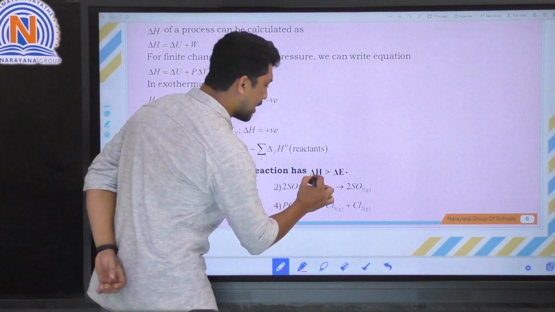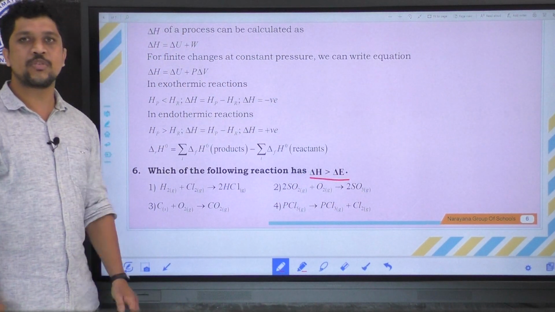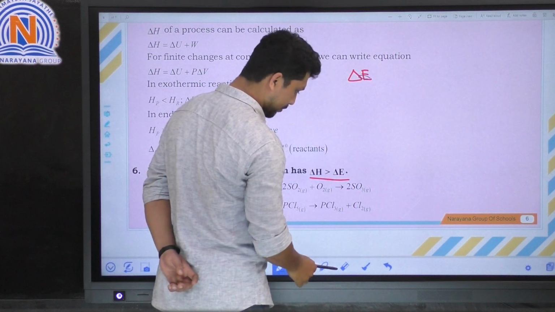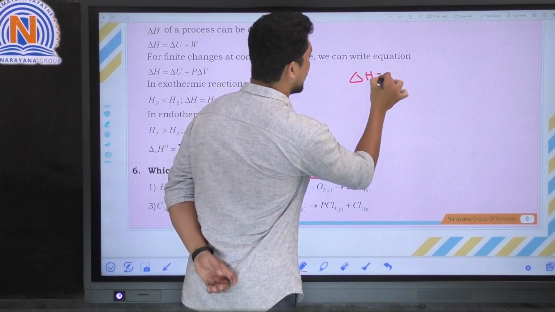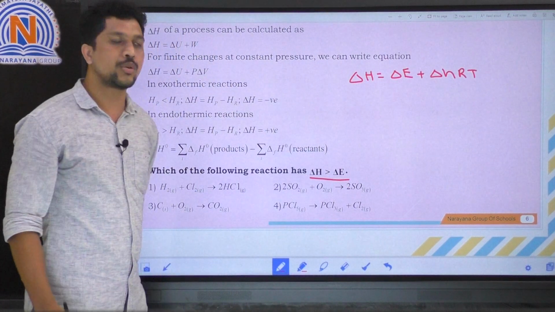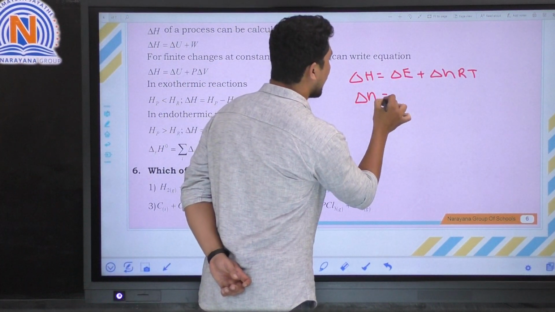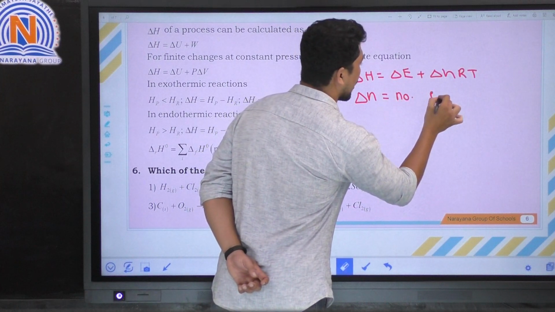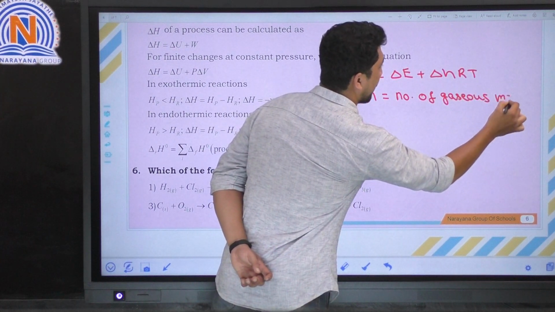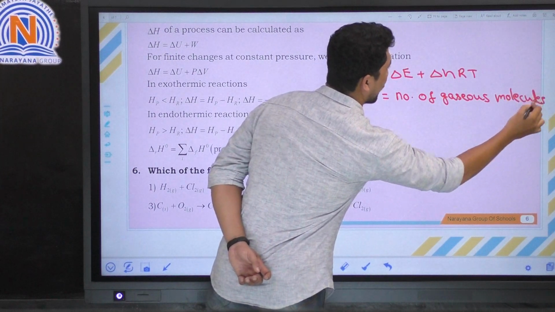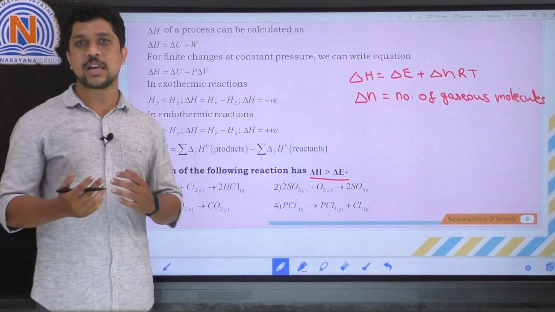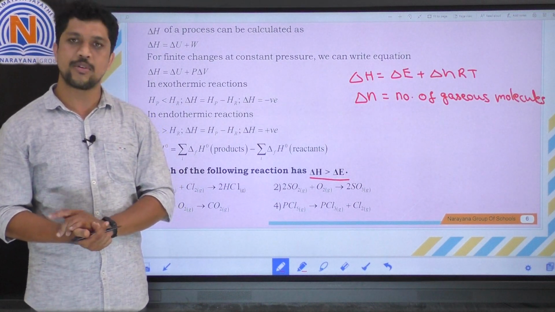So the condition is delta H greater than delta E. We can find the relation between delta H and delta E by using this formula, delta H equal to delta E plus delta n RT, where delta n is the difference between the number of gaseous molecules of products and the number of gaseous molecules of reactants, right?